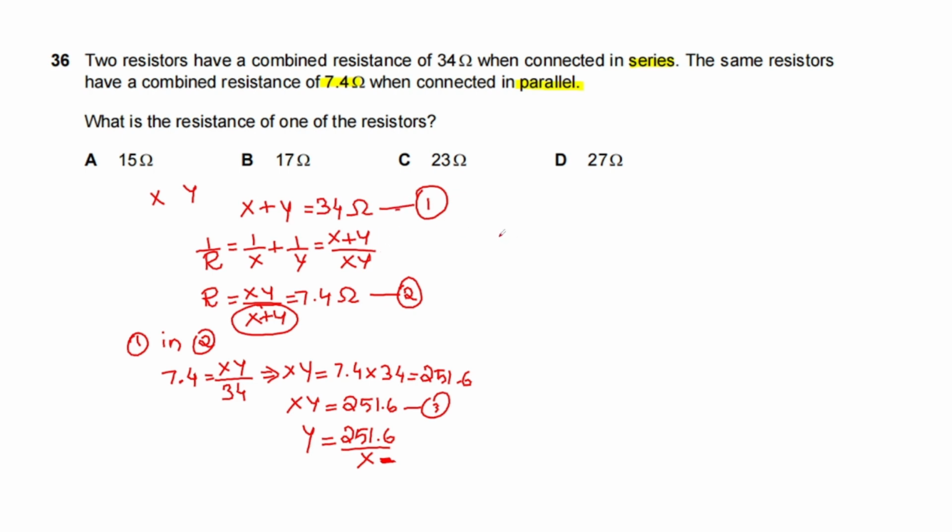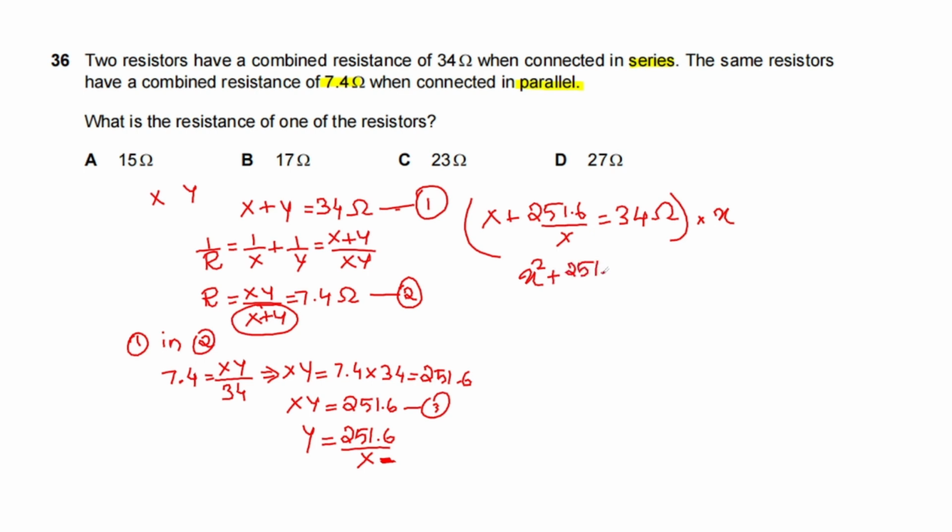So what will you be getting? Here X plus, instead of Y, just substitute 251.6 divided by X, which is equal to 34 ohms. Just multiply the whole equation by X. So X times X is X square, and X in the numerator and denominator will cancel out.